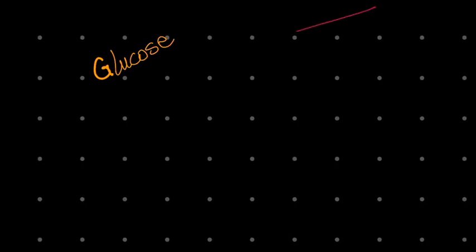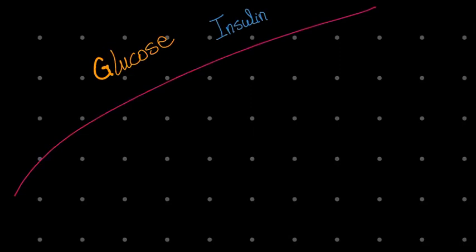If this is the cell membrane on here, in order for me to do so, remember, I need to have insulin, which is a hormone that enhances the cell to uptake the glucose. And on the surface of the cell, I need to have a surface receptor for the insulin to be present and functioning normally.